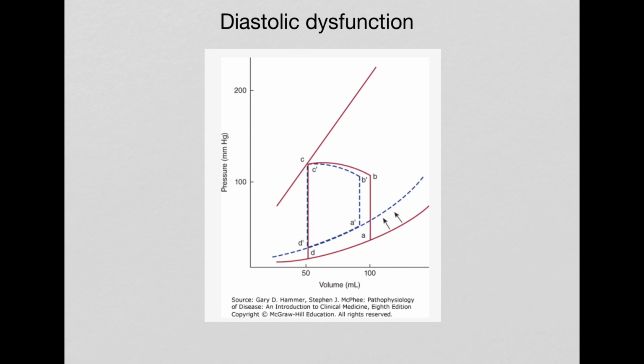Normally, right before contraction, we're at this pressure, represented by A, but with diastolic dysfunction, there are elevated pressures, and so we're starting from a higher pressure point just prior to systole. Because the left ventricle is at a higher pressure with diastolic dysfunction, it's not going to fill as well, and so we see this reflected in less filling and a lower stroke volume.